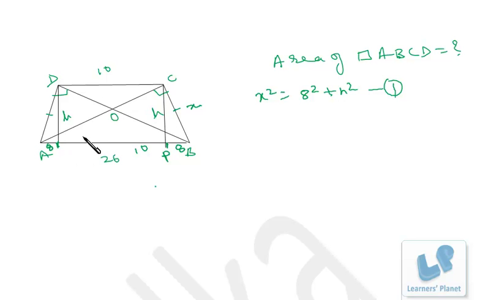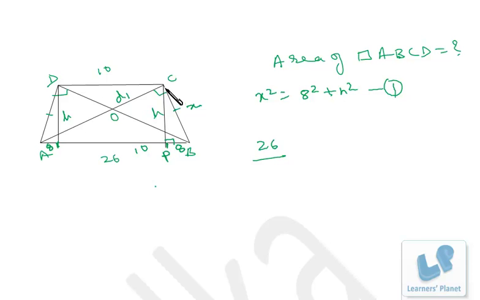That means triangle ACB and triangle CPB are similar. If they are similar, their sides must be in proportion, right? So I write the sides in proportion. I assume this to be D1, this AC, right? Now the side opposite to the 90 degree angle in this bigger triangle will be the entire length, that is 26.